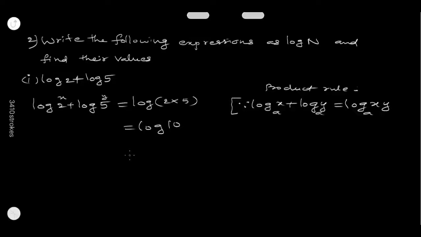So log 10 is equal to 1. Since in log 10, nothing written means base 10 is there. So log 10 base 10 value is 1.